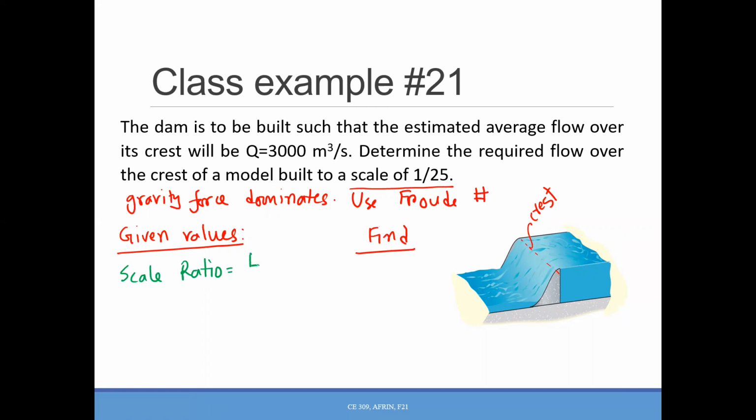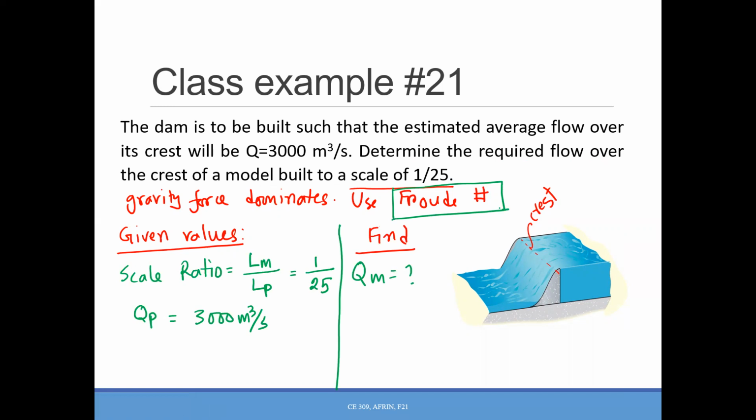So LM over LP is 1/25. And we also know the Q for the prototype, QP, which is 1,000 meter cube per second, and we need to find what is the Q model, QM. Okay, to make sure we know this one. Let's go to the next slide.